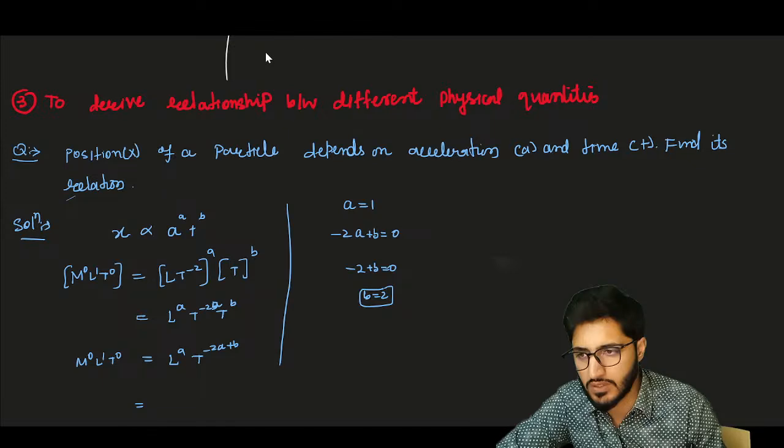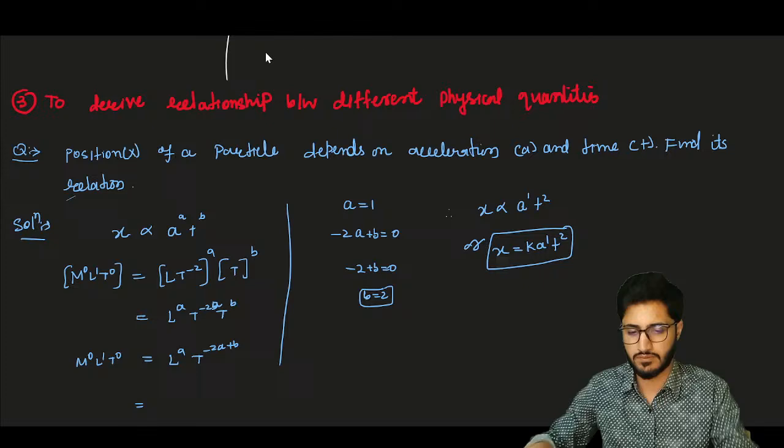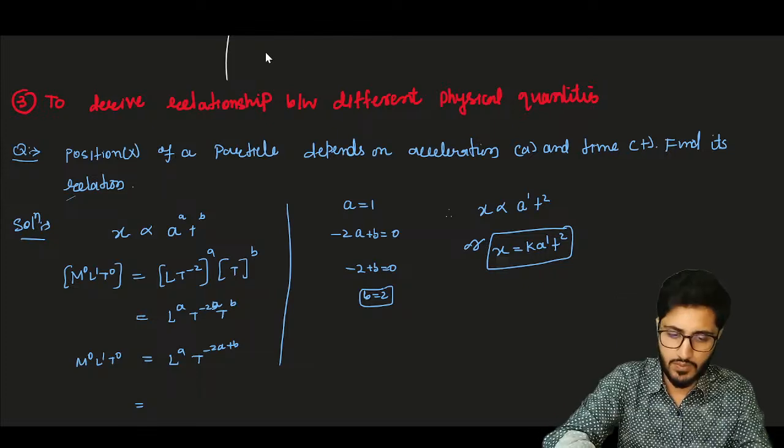Therefore x is proportional to a to the power 1, t to the power 2, or x equals k a^1 t^2. In this way we can do it.